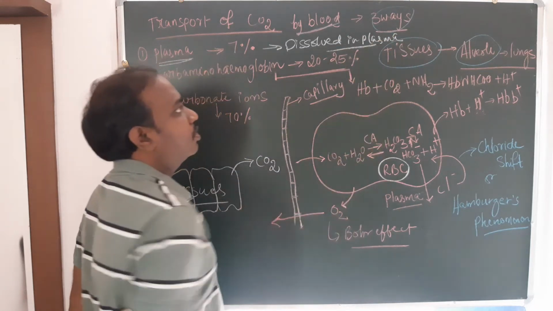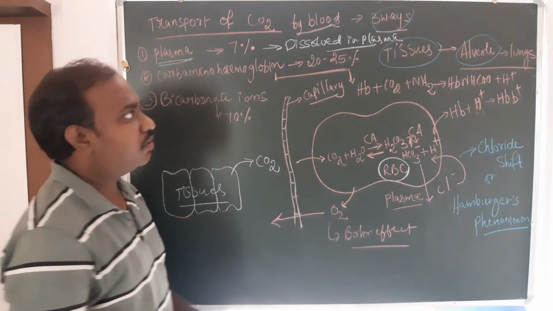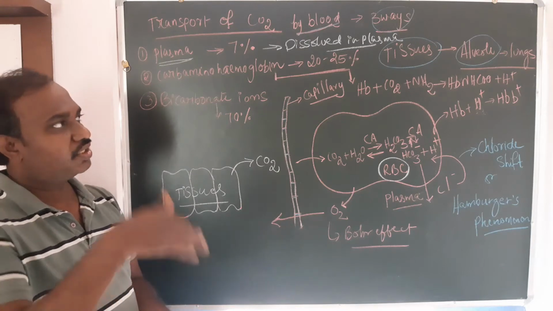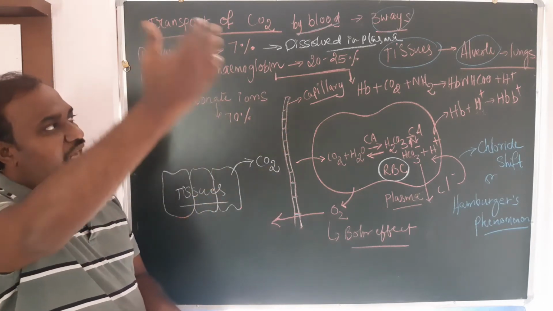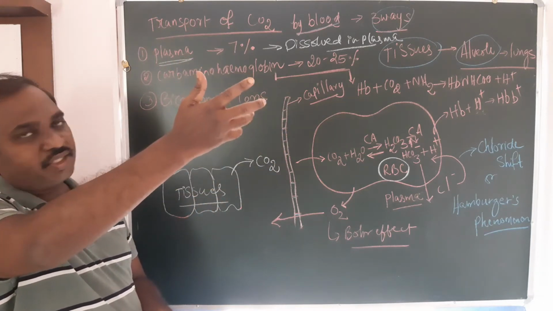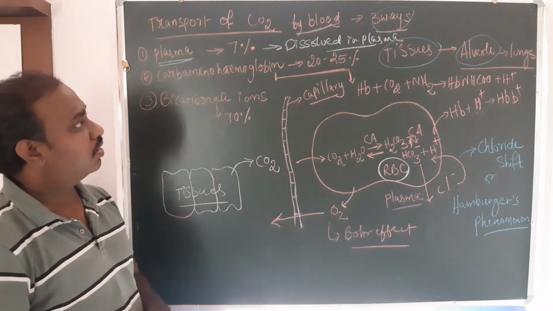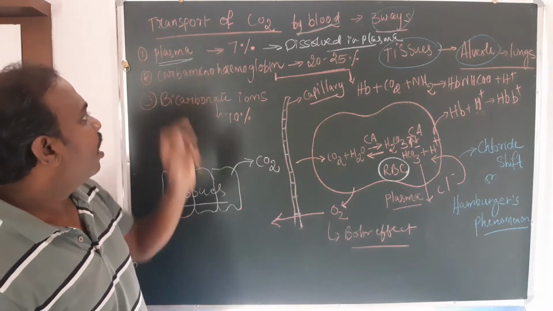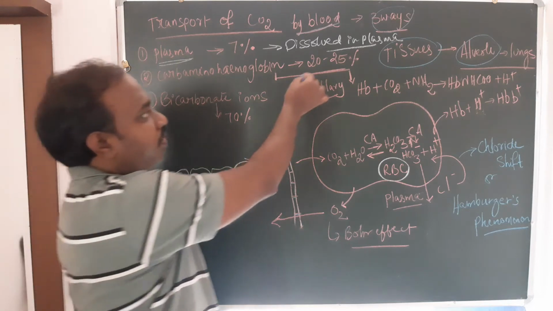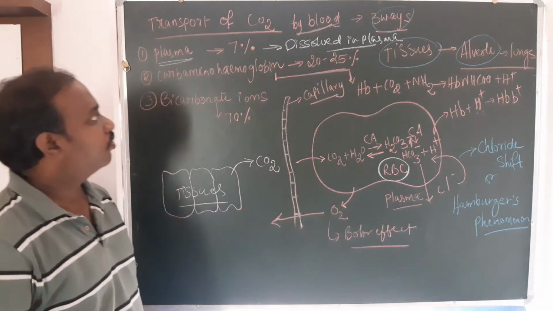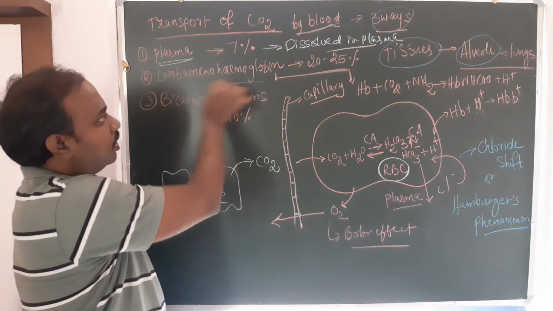From the tissues, it comes into the plasma, gets dissolved, and reaches the alveoli. From the alveoli, it is exchanged out and eliminated. That is the least amount.